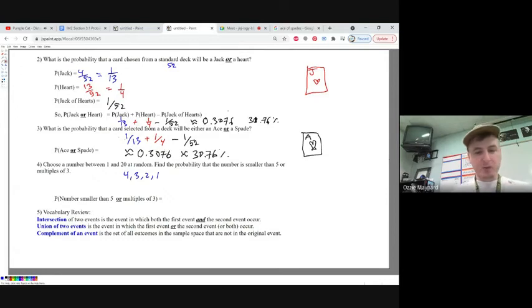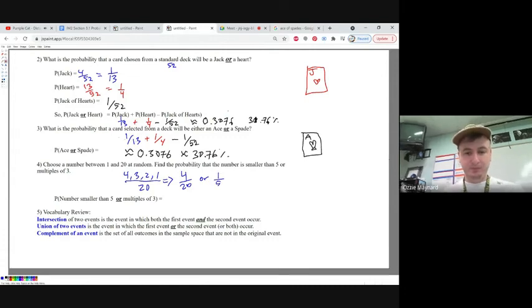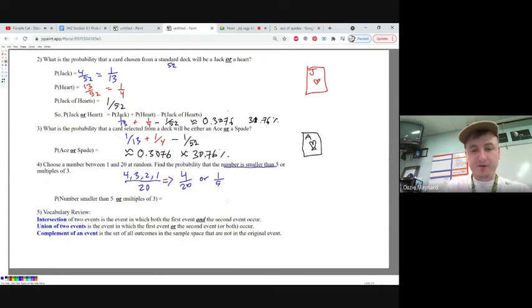Okay, out of 20. That means we're going to have 4 numbers out of 20, which can be simplified to 1/5. So that's the probability of a number that is smaller than 5. I'll write that as 1/5.